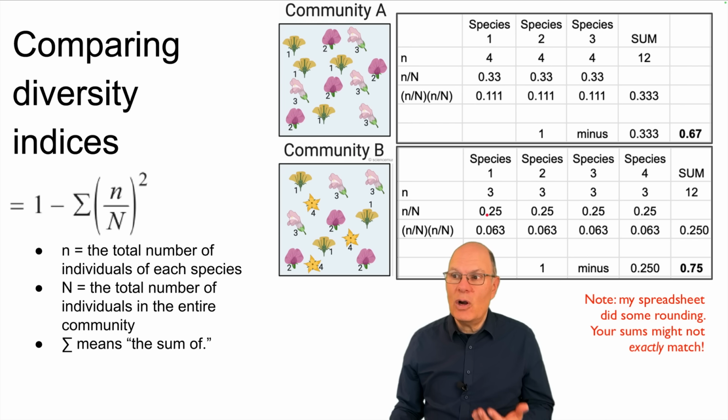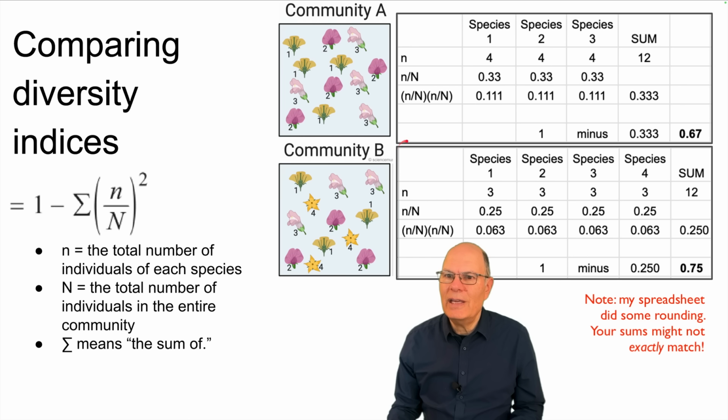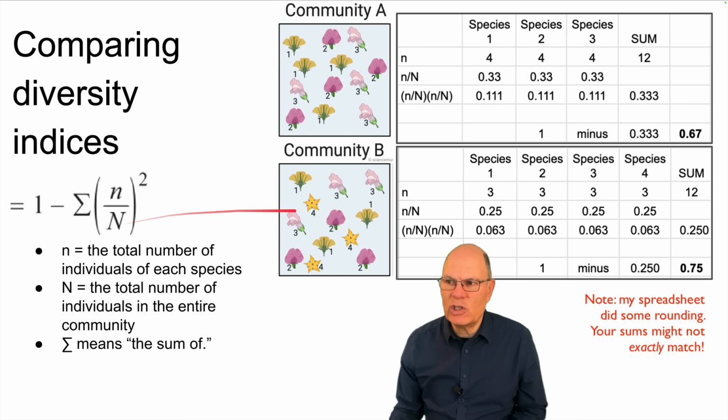The values are the same for species 2, 3, and 4. There are 3 individuals for each of those species out of a total number of 12 individuals in the community. So 0.25 is small n divided by large N, and then we're going to square it.